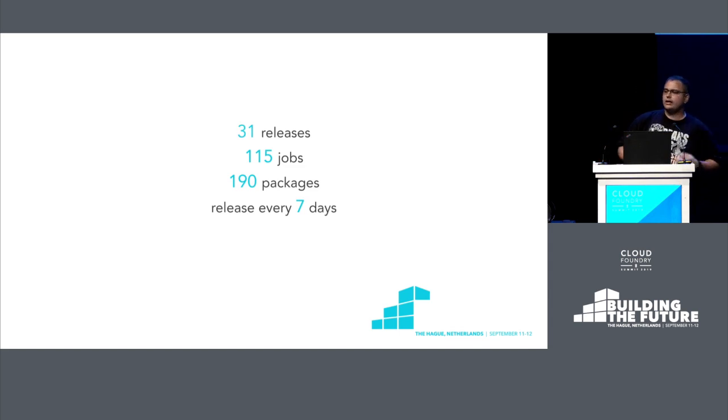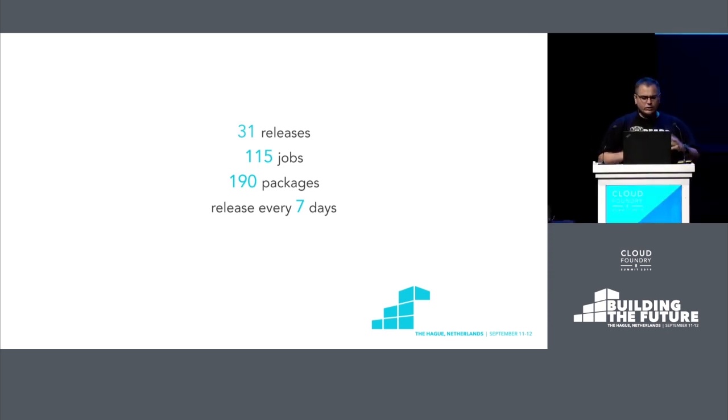In our community, we have hundreds of developers that are working to create new software, and most of that gets concentrated in CF deployment, this repo that brings in more than 30 BOSH releases that total up to more than 115 jobs.